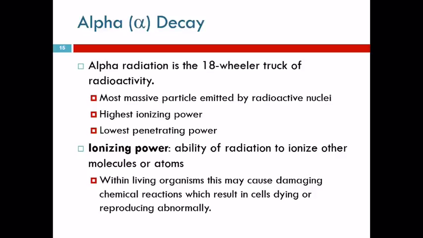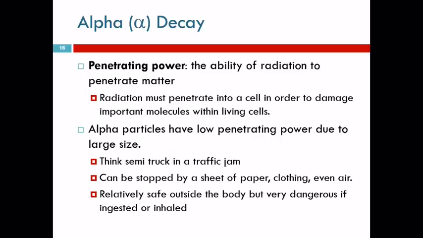Big jam of traffic. That truck has a hard time getting through. So it has the lowest penetrating power. Penetrating power is the ability of radiation to penetrate matter. In order for the radiation to ionize molecules and atoms, it has to get into the cell. Well, alpha radiation is not very good at getting into the tissue.